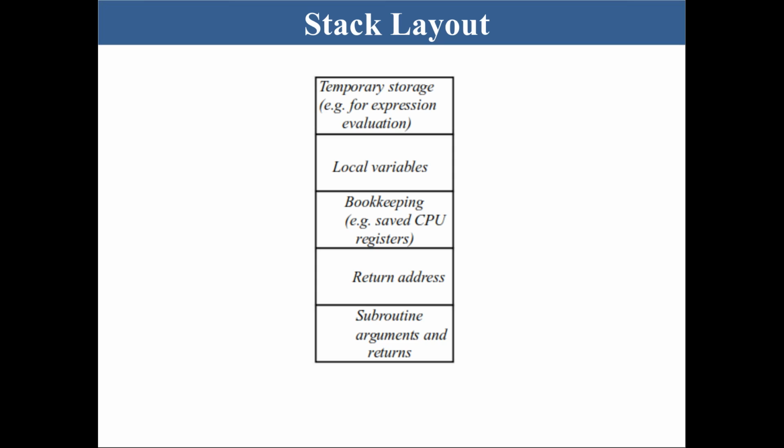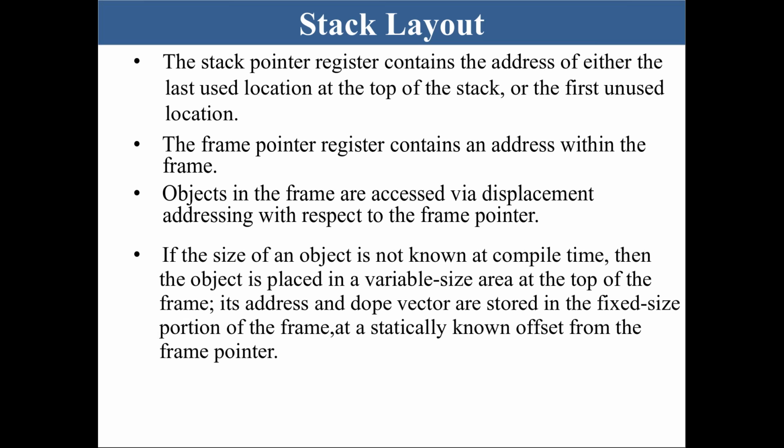The frame contains arguments, return values, bookkeeping information including return address and saved registers, local variables or temporaries, etc. And on returning from the subroutine, its frame is popped from the stack. The stack pointer register contains the address of either the last used location of the top of the stack or the first unused location, depending on particular convention.